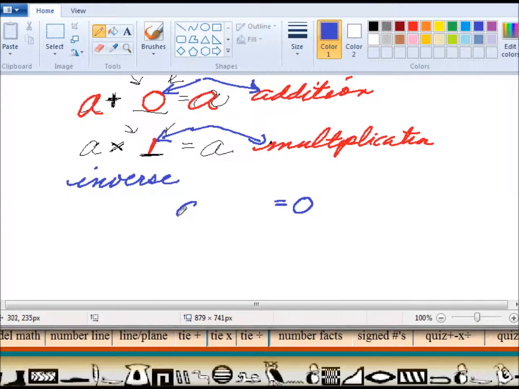So what would you have to add to a number to end up with the identity element for your answer? Well, turns out that you would have to add its opposite. So this is the opposite, or the additive inverse.